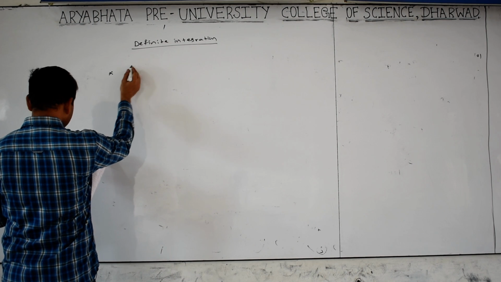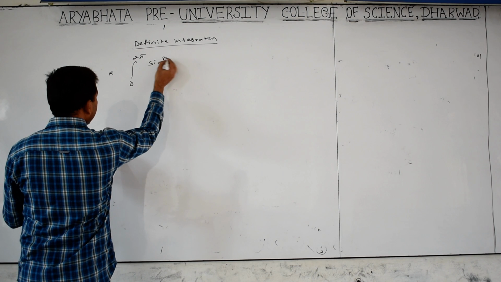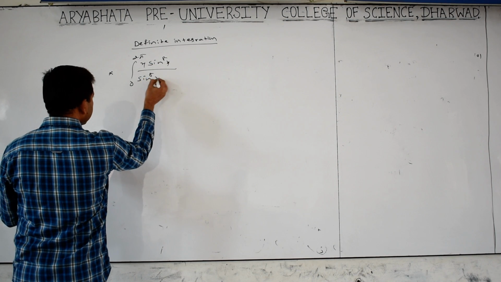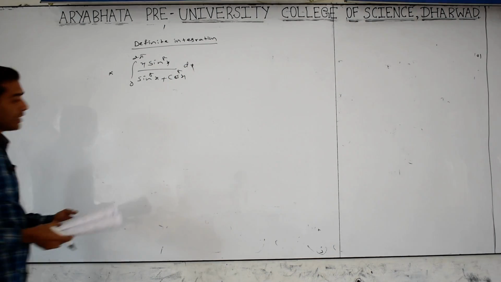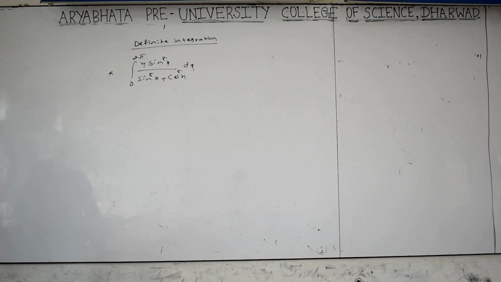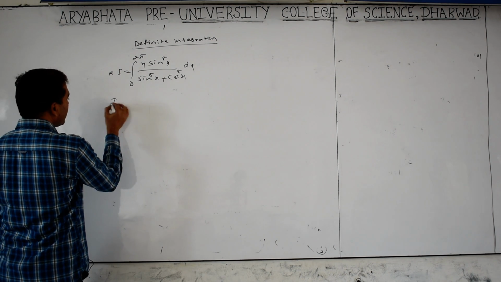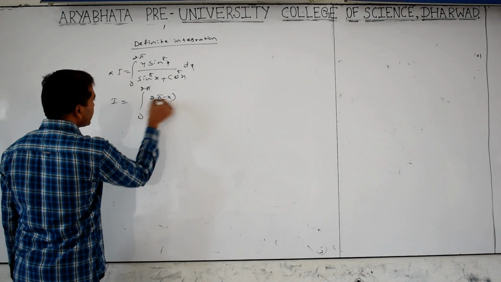Next one is the integration from 0 to 2 pi of x sin power 8x by (sin power 8x plus cos power 8x) dx. x is there, and since x is in the numerator, we have to eliminate it by using a property. Let I equal the integration from 0 to 2 pi; in place of x write 2 pi minus x.